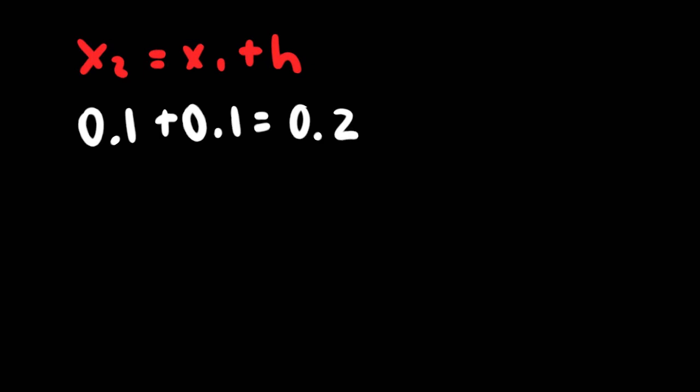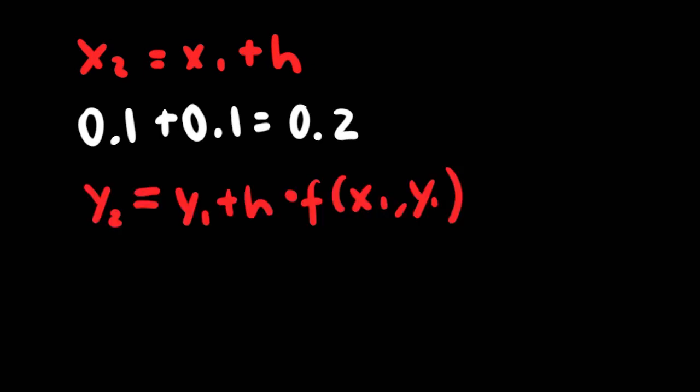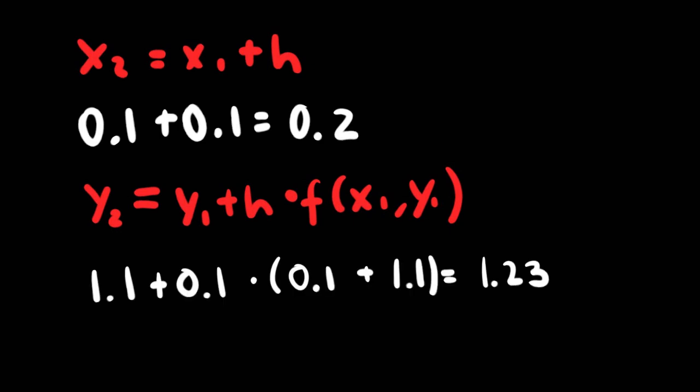And moving forward, we looked for y sub 2, which equals y sub 1 plus h times f of x sub 1 and y sub 1. With the values, this equals 1.1 plus 0.1 times 0.1 plus 1.1, ultimately equaling 1.23. And there you have it, folks.